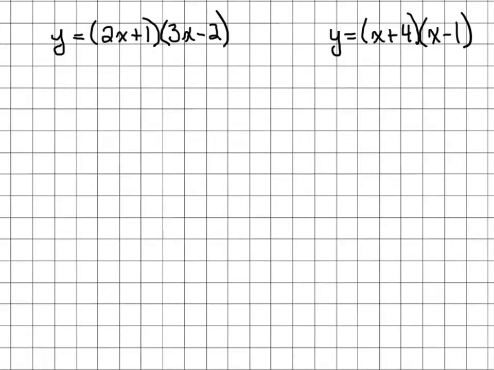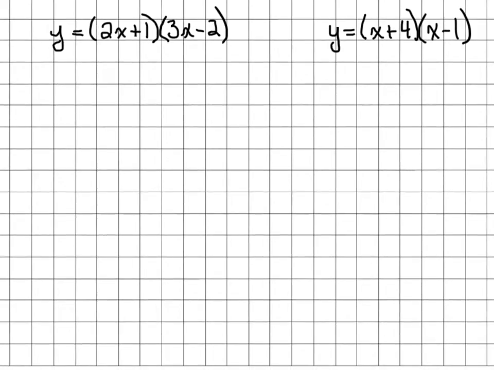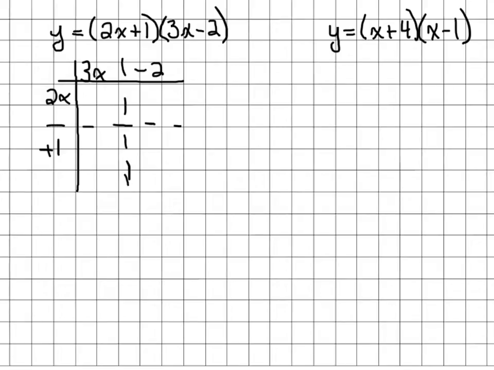All right, starting with the example on the left, we're going to create our chart. Here's our chart, and we have 2x plus 1, and we have 3x minus 2. Now we're going to fill in our boxes, and so we have 6x squared minus 4x plus 3x minus 2.